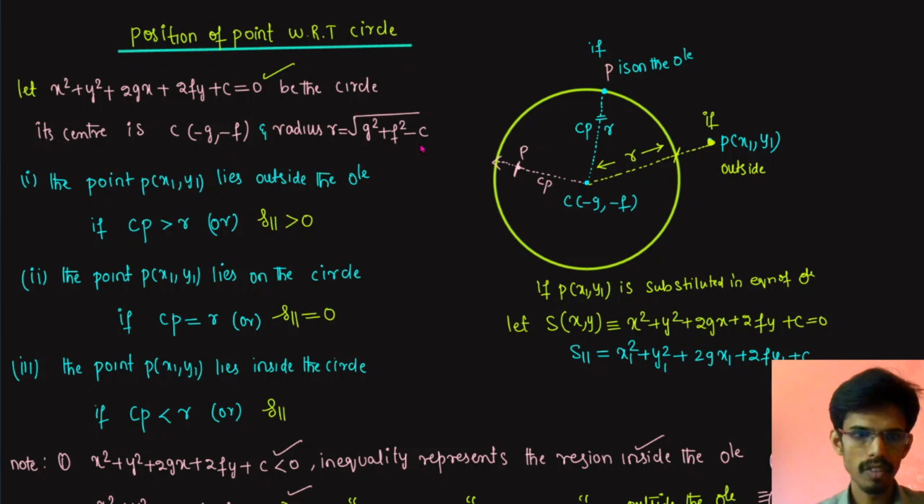Similarly, S11 less than 0 indicates the point lies inside the circle. So from now onwards, we use these three conditions directly instead of finding CP greater than r, CP equal to r, CP less than r.